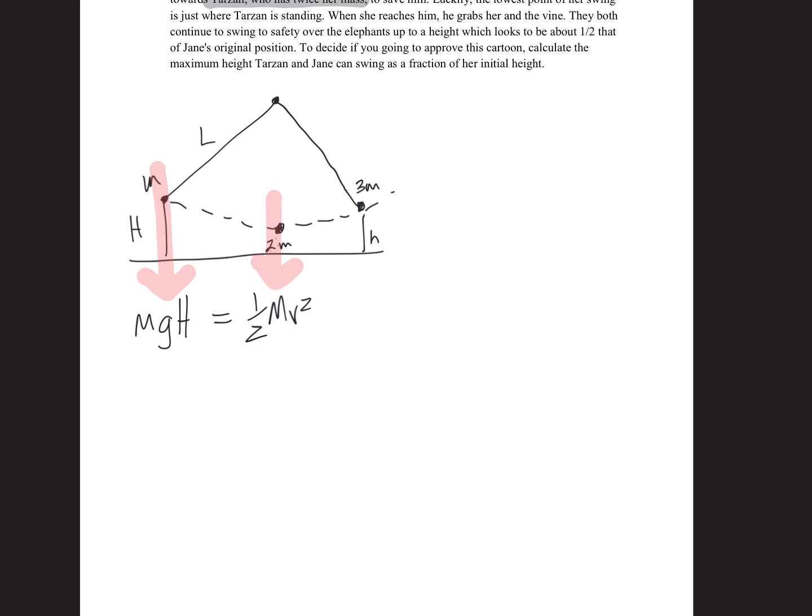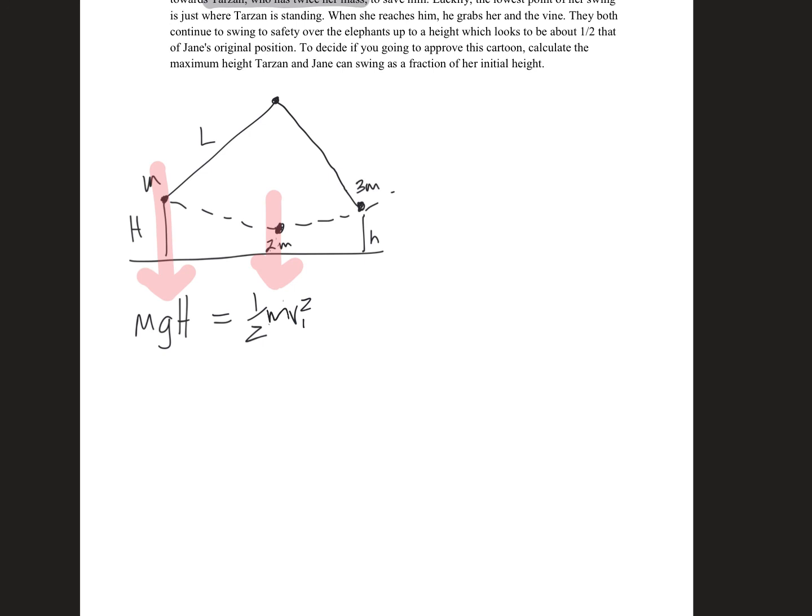All right? And so I did a pretty lousy job of that, it looks like a big M instead of a little m. So the masses drop out. V, let's probably call this V1, so it's going to be the square root of 2G big H. Okay.